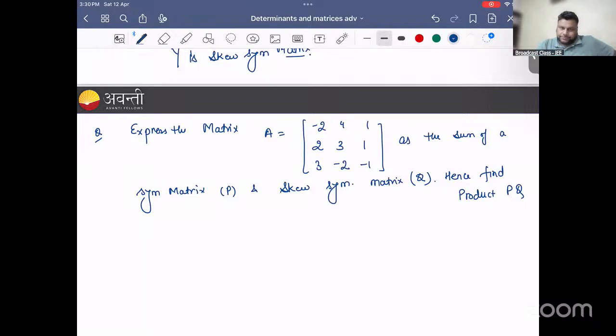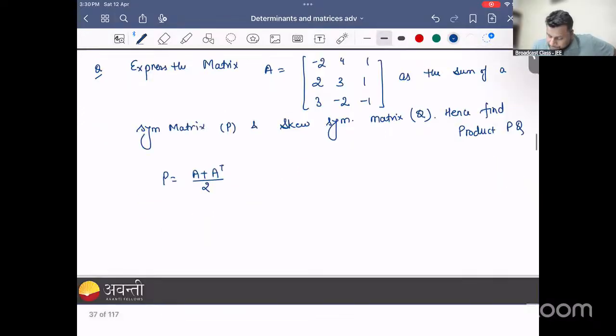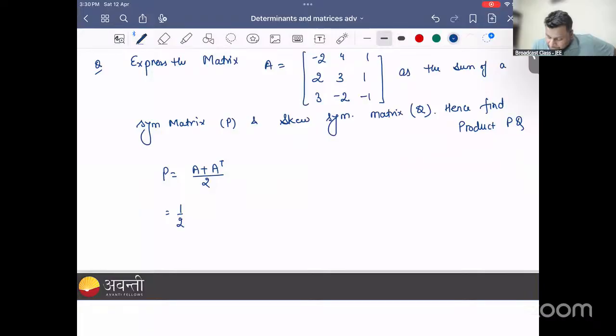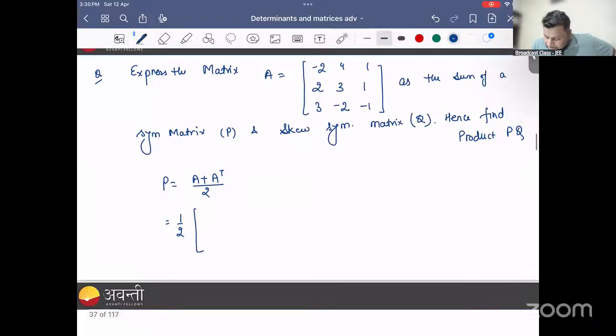Now see, what is P? P will be A plus A transpose by 2. That is half of A, which is minus 2, 4, 1, 2, 3, 1, 3 minus 2 minus 1, plus A transpose.